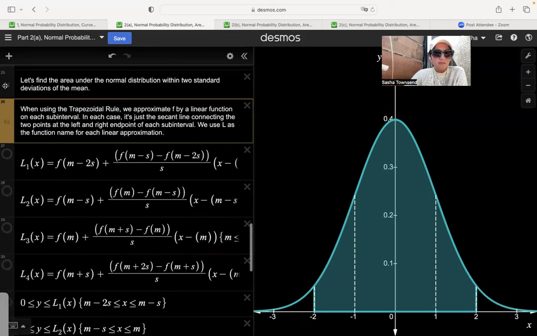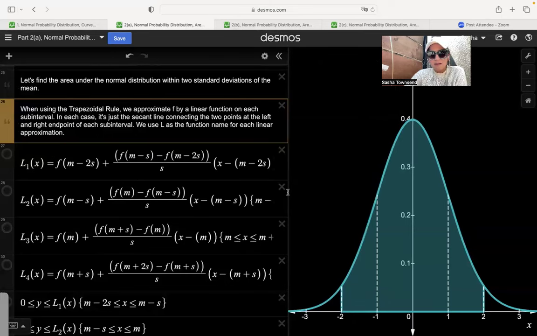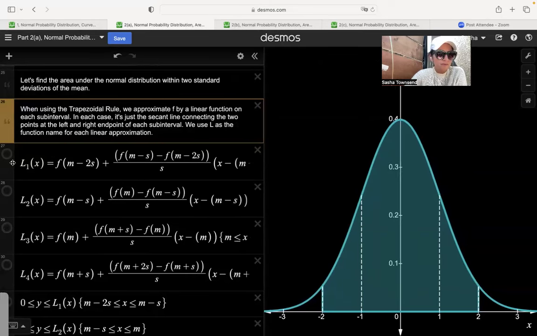Now, in each subinterval, we're going to create a line segment approximating the function. And that's just the secant line. So the slope that I'm using there is the change in y divided by the change in x, using these two xy pairs, the xy pair at -2 and then the xy pair at -1. So -2, f of -2, -1, f of -1.